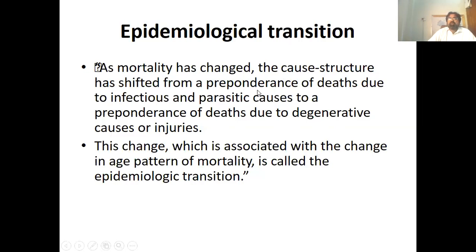Initially, there were more deaths because of infectious diseases and parasitic infection, but today more deaths occur because of degenerative processes and because of road traffic accidents, that is injuries. This change, which is associated with a change in the age pattern of mortality, is called the epidemiological transition.